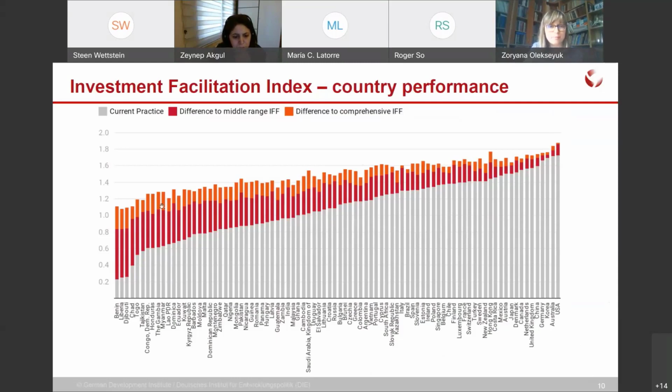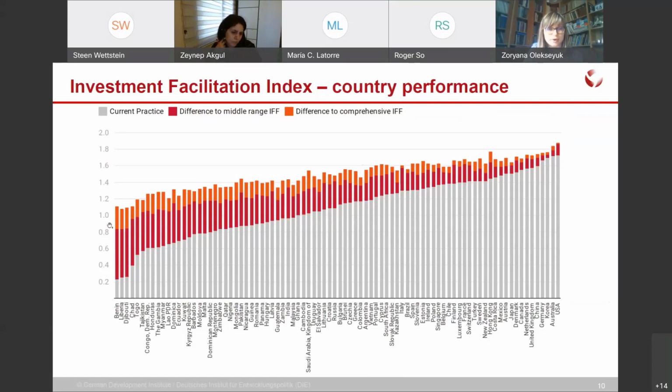And the red bars that are added to the gray ones show the improvement of the index score if some kind of investment facilitation framework would be applied to those countries. For example, here we have the middle range investment facilitation framework in dark red. It's based actually on the old Brazil's proposal, which was very detailed and included so many measures.